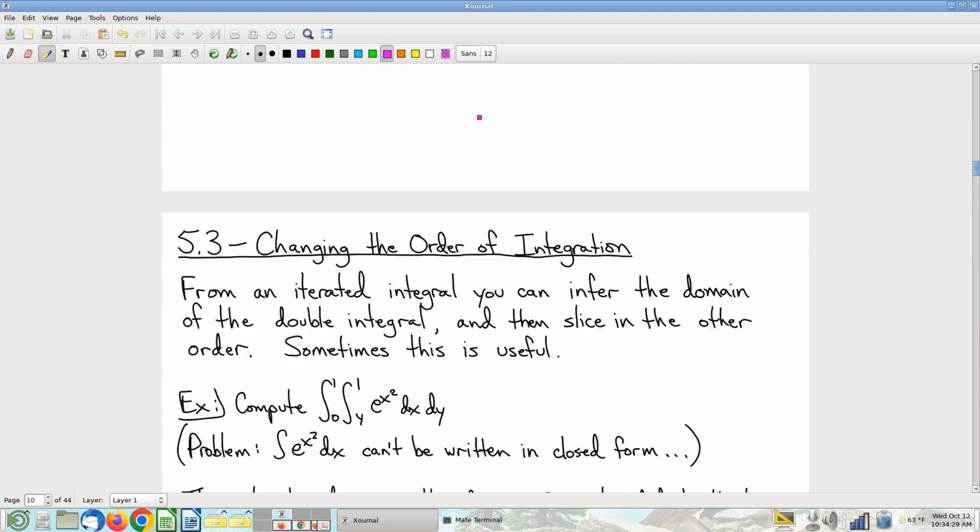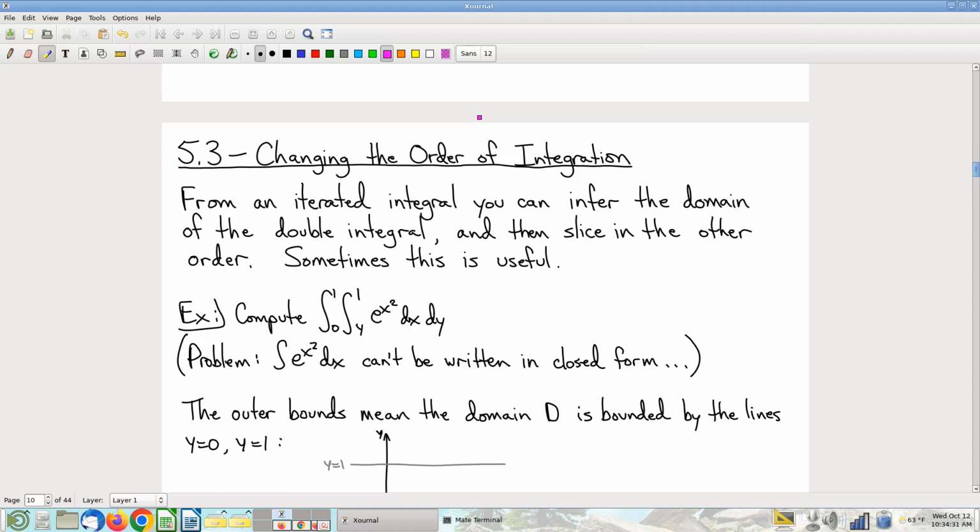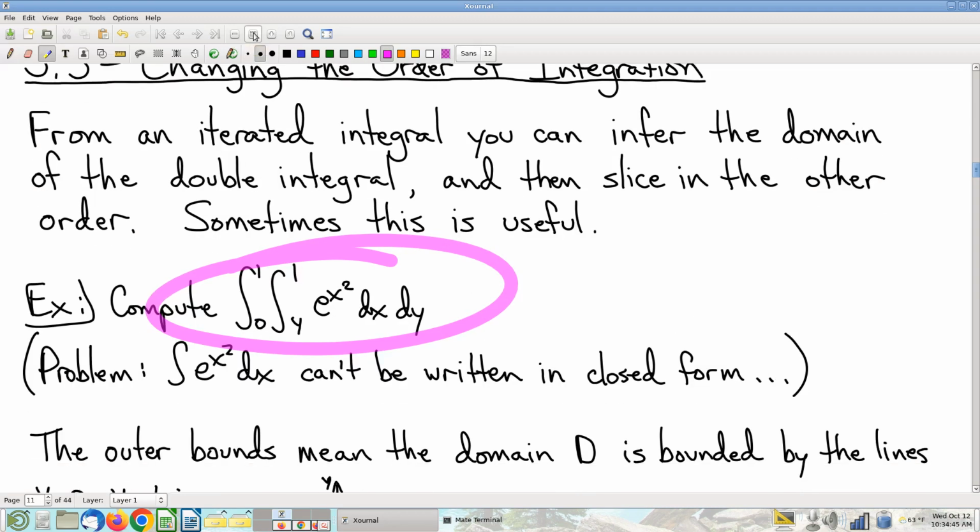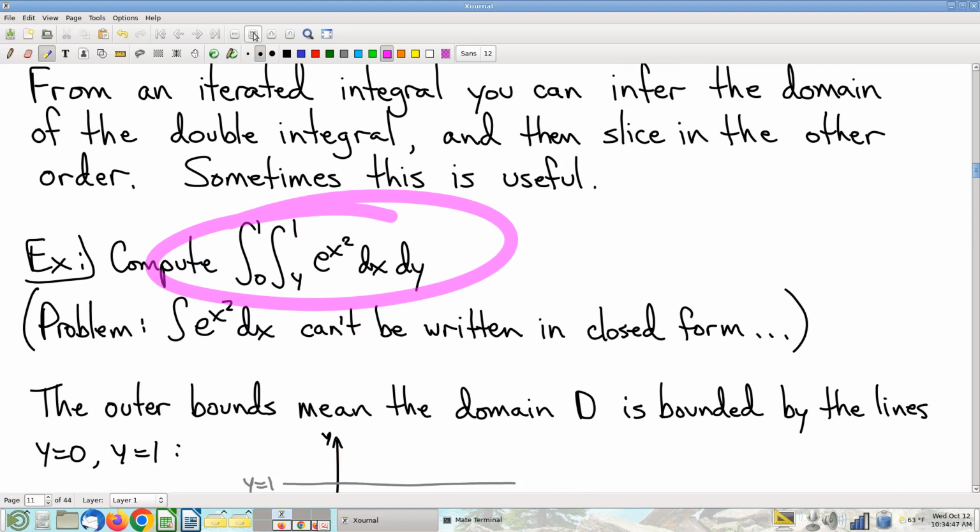All right. Arguably this could have been an example in section 5.2. Sometimes when you are asked to compute an integral, notice this is an iterated integral, they've given you the wrong way to compute a double integral. This order of integration is just bad for this particular integral.